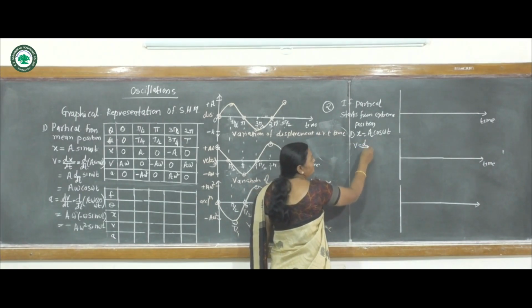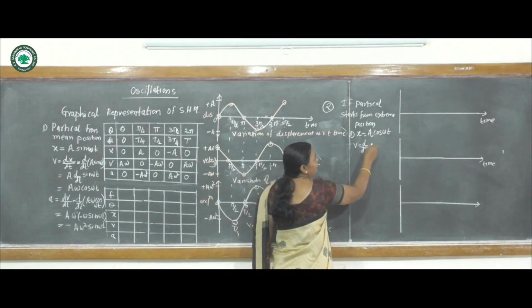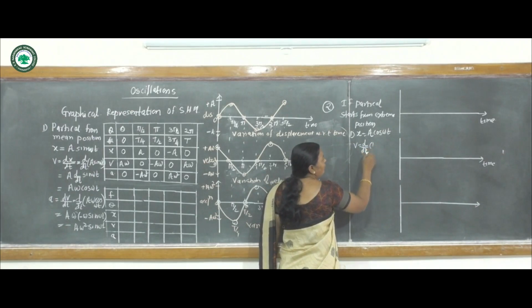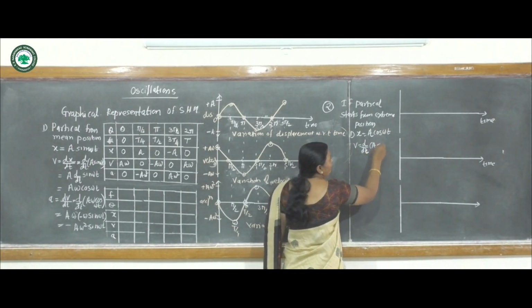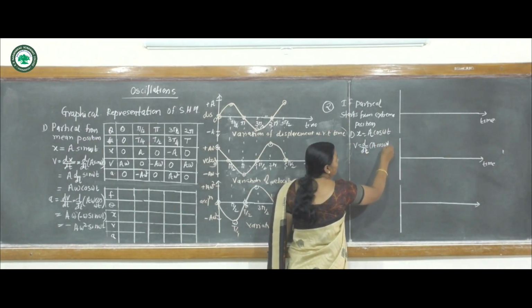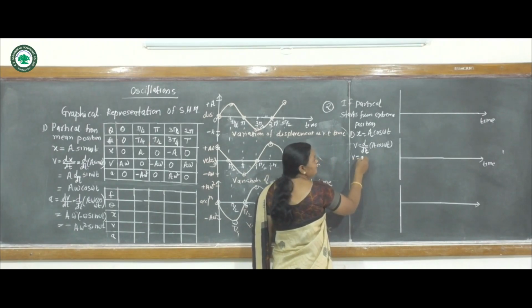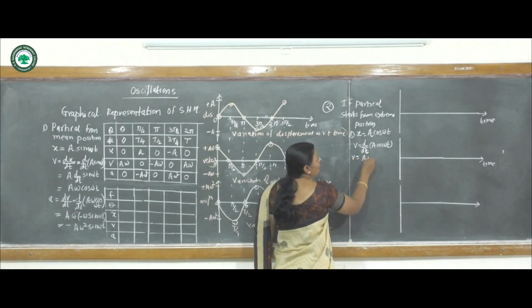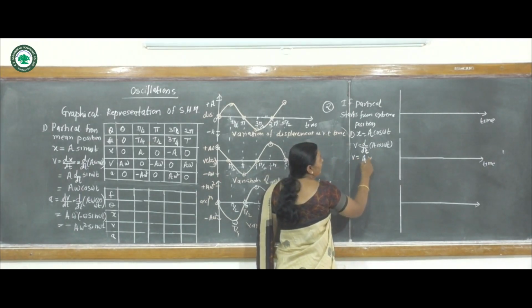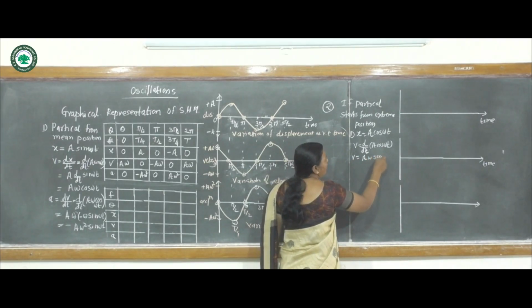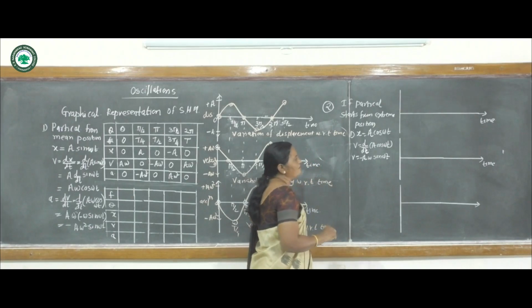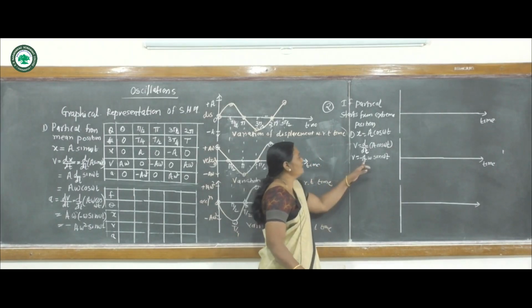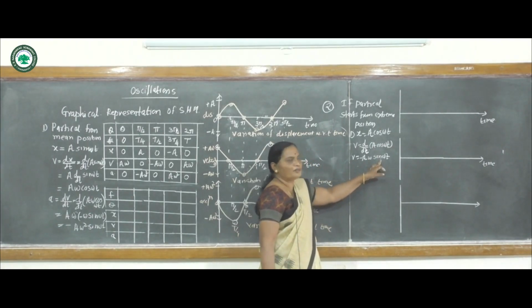It is the rate of change of displacement, that is d by dt of a cos omega t, so velocity is minus a omega sin omega t.